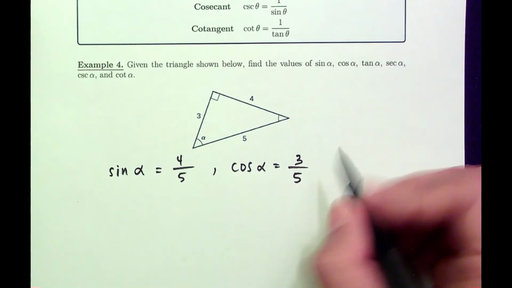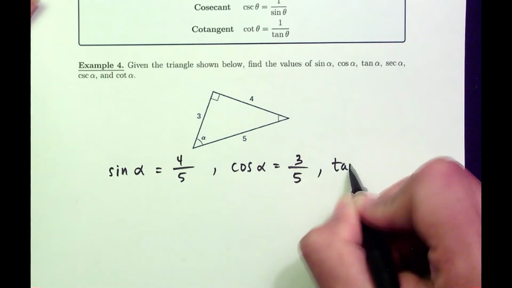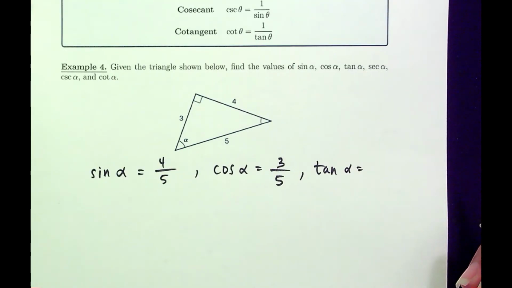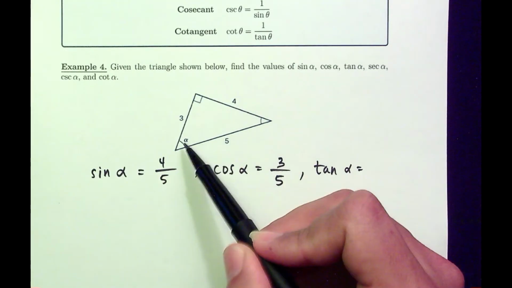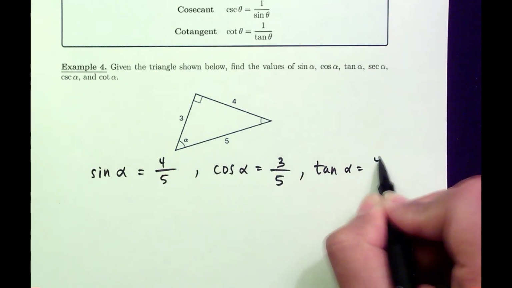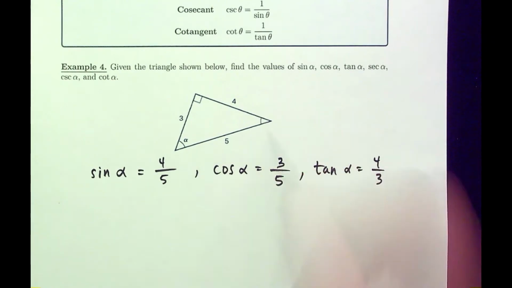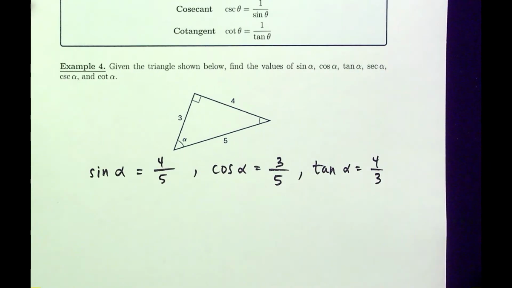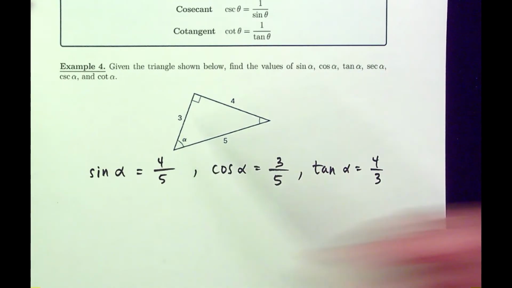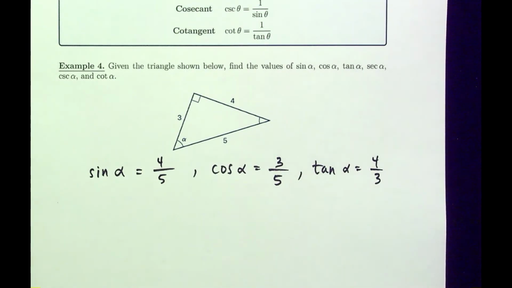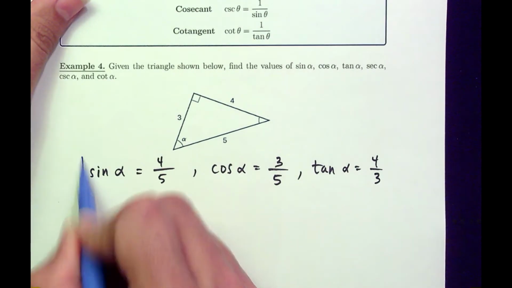Okay? And lastly, for the first 3, the tangent of alpha. What is that? SOHCAHTOA, opposite over adjacent. Opposite is 4. Adjacent is 3. Remember, the hypotenuse is 5. So opposite divided by adjacent. And that's it. So we found the basic 3.